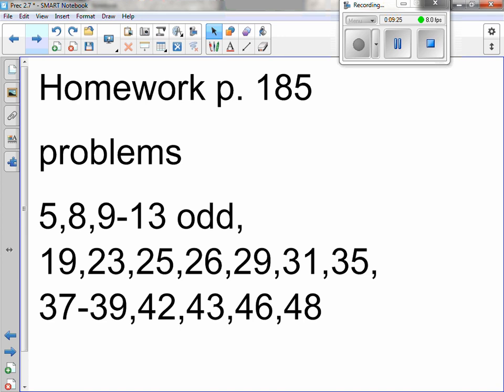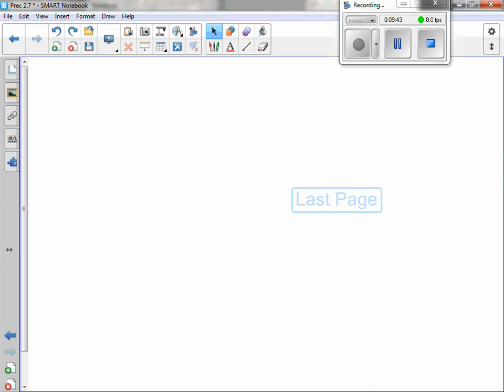Yep. I'd say 46 or 48, because those two are on there. Because those look ugly, don't they? Which one do you want? Or just read off the one you want to do. 48?